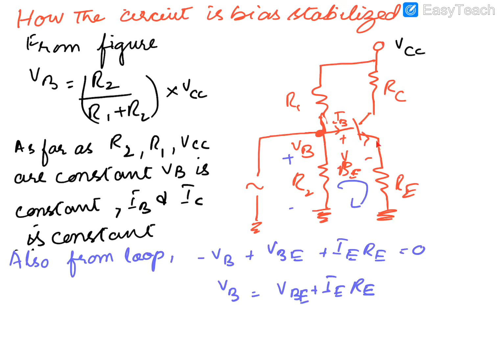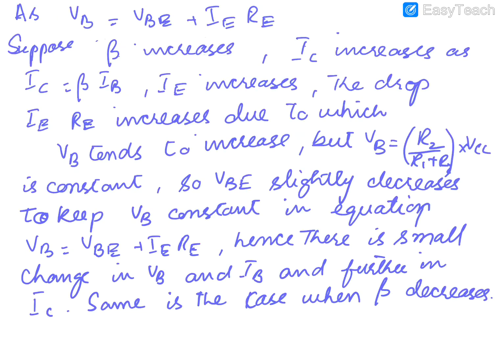Also from this loop you can see that minus VB plus VBE plus IE times RE is equal to 0, and VB is equal to VBE plus IE times RE. So basically the value of VB also depends on the base to emitter voltage and the voltage drop across the emitter resistance.